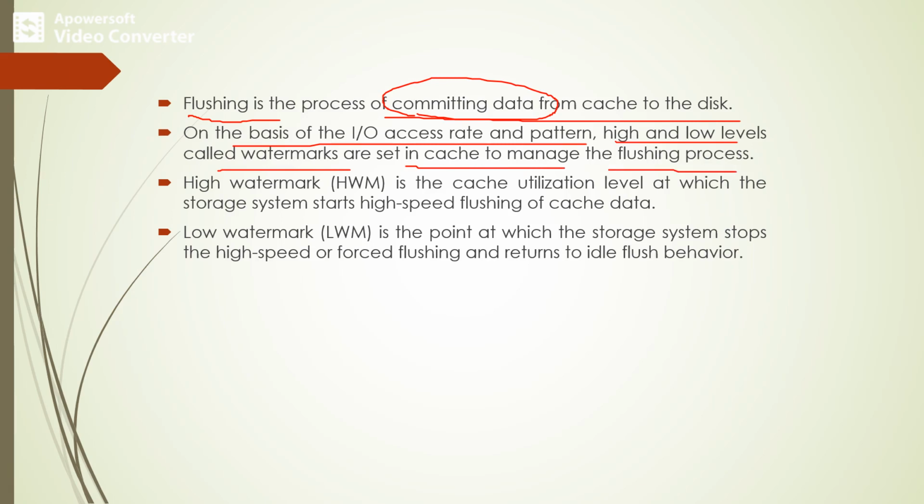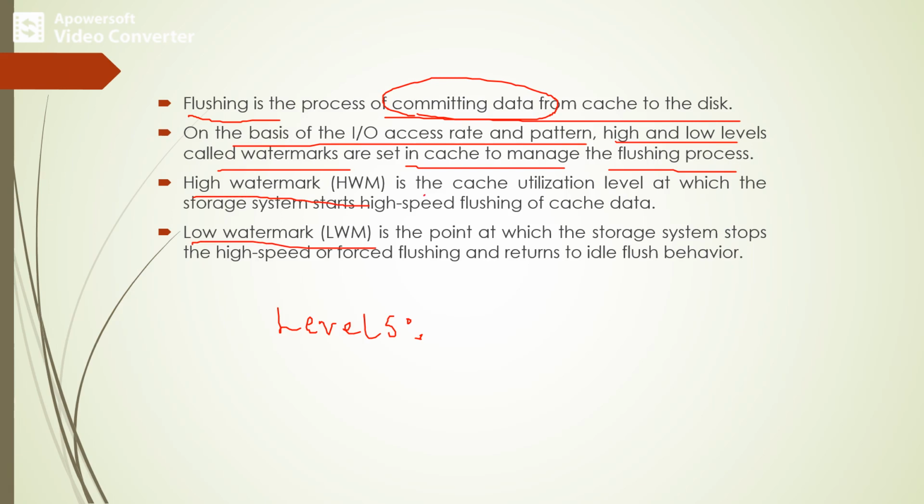So I'll consider some levels or cache utilization levels. So with respect to that, we can flush or copy a number of pages from the cache into the disk. So now I'll take two levels, like high watermark level as well as low watermark level.